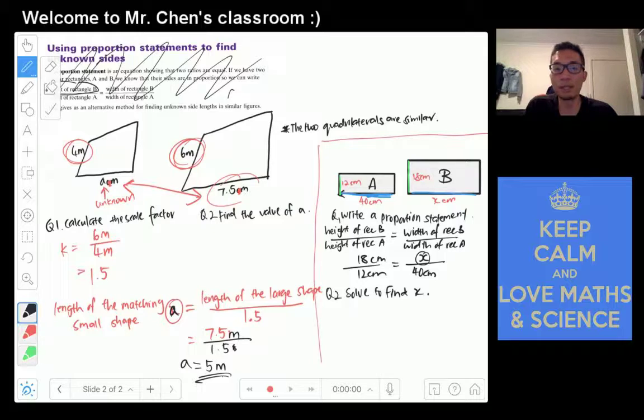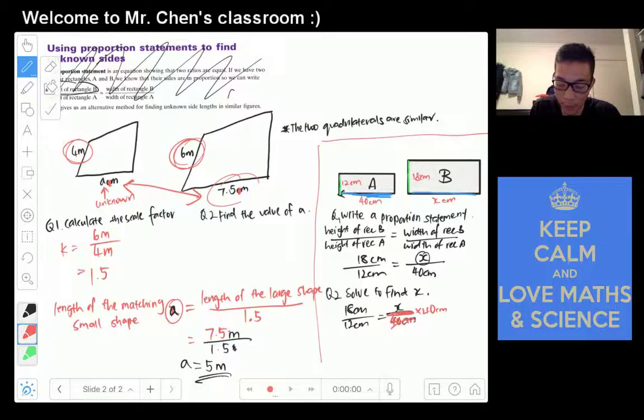So from there you need to use your algebra. So x is divided by 40. To get rid of divided by 40, what would you do? What's the opposite of divided by 40? You multiply it by 40, centimeters.